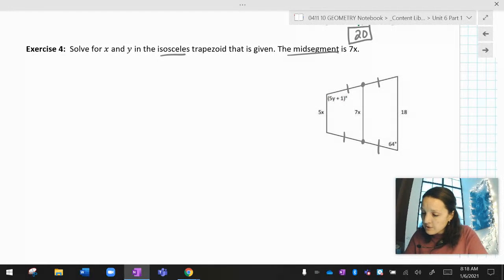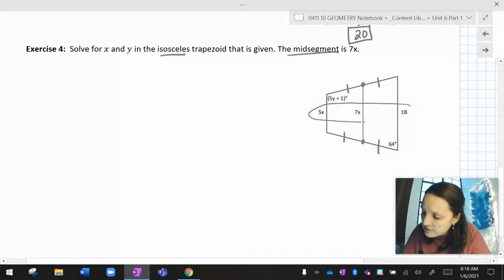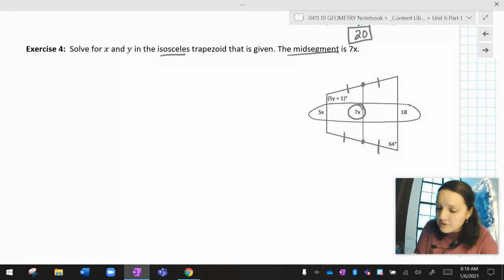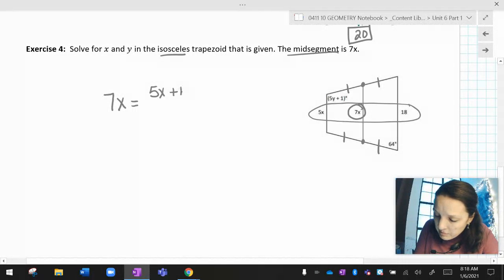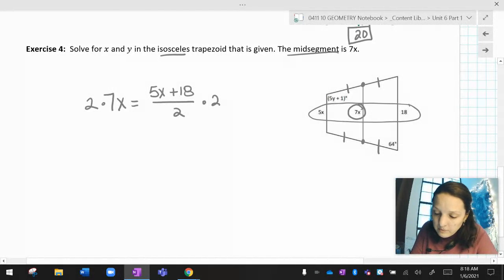All right, so now I got to solve for x and y. All right, let's deal with the midsegment part first. So if I'm going to look at these, the midsegment should be top plus bottom divided by 2. I can't do any light counting this time because I've got too many x's. So I'm just going to say the midsegment is the top plus the bottom divided by 2. If I want to solve for x, I'm going to multiply both sides by 2.